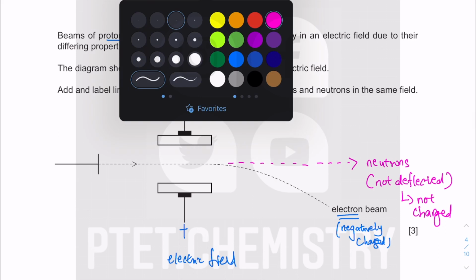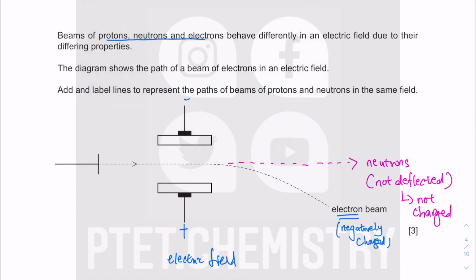How about protons then? We will expect protons to be deflected. Protons are heavier, so they will be deflected less. Electrons are lighter, so they will be deflected more. So this will be protons because protons are positively charged.